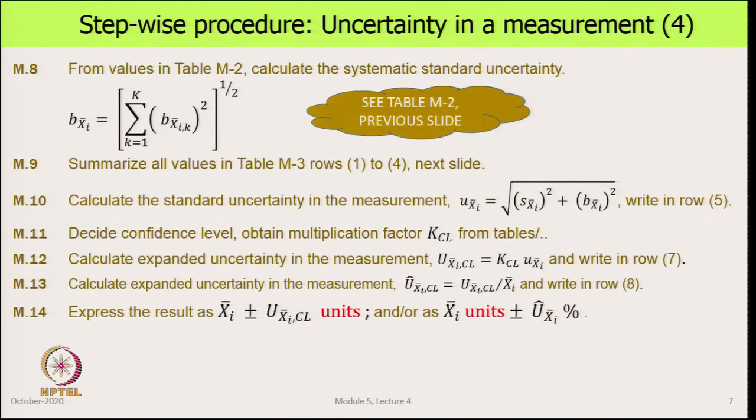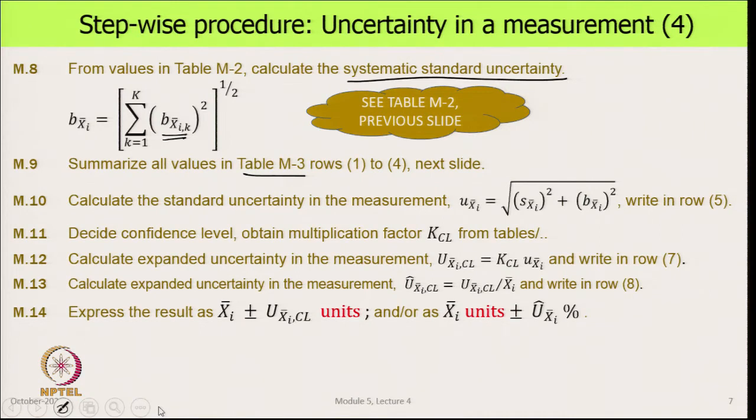Then move on to the next step. From Table M2 we just saw, we calculate the systematic standard uncertainty, which is B_xi bar, equal to the square root of the sum of the squares of the elemental standard uncertainties. Now we have all the values, and we can proceed to the last few steps of the calculation, which we can do in Table M3, which we will see in a minute.